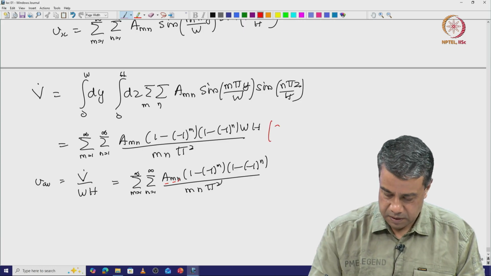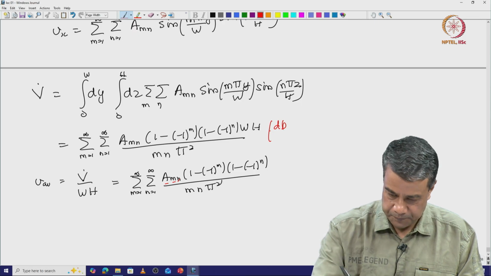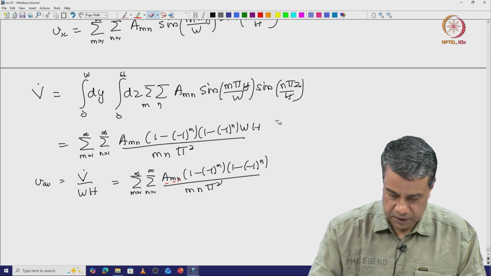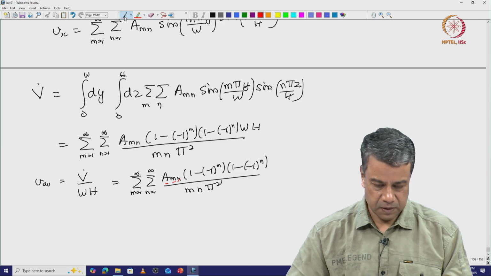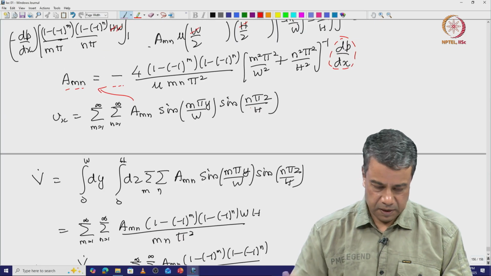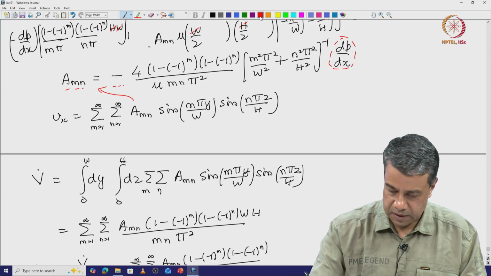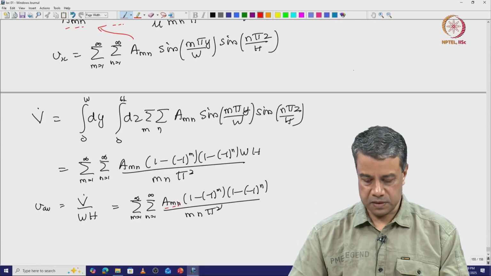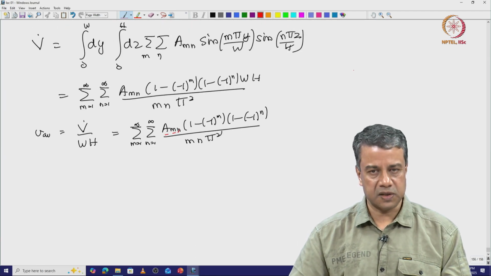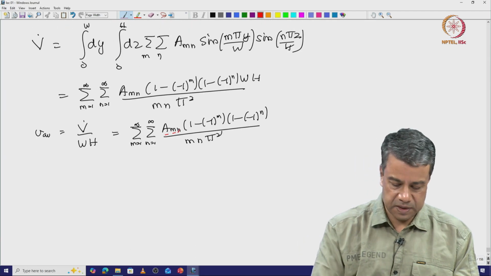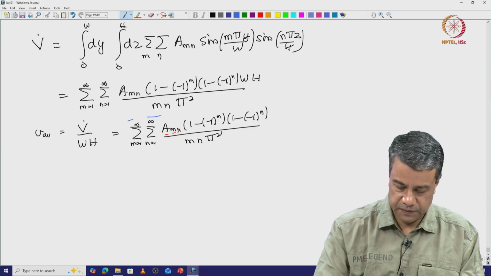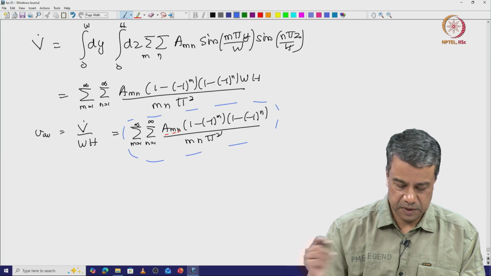The flow rate is related to, where A m n is related to minus of dP by dx as shown here. So, the velocity is linear in the pressure gradient with a coefficient which is given by this summation.